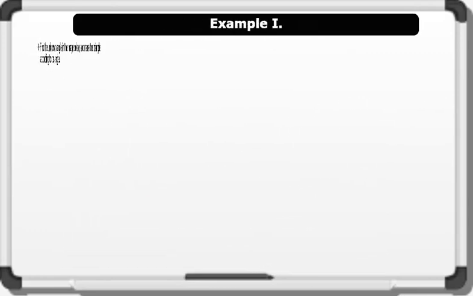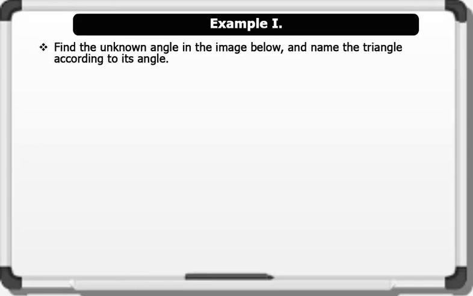Example 1. Find the unknown angle in the image below and name the triangle according to its angle. Solution. Remember that the sum of the interior angles of a triangle is 180 degrees.